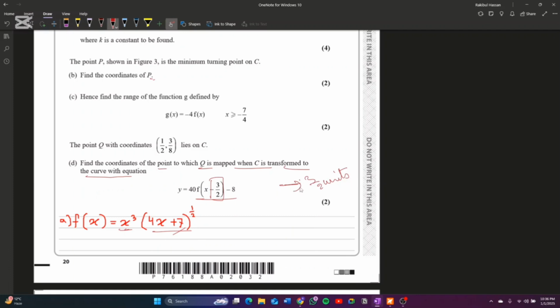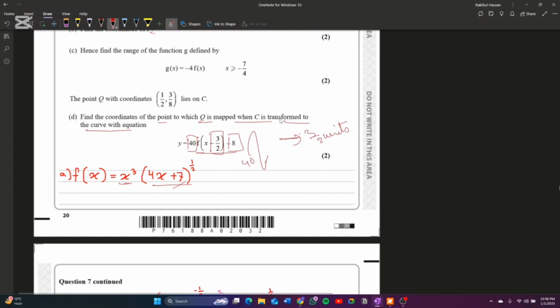It's a translation. And then the y values. Oh, before that, there's a vertical stretch. The graph is stretched vertically by a factor of 40, and then the resulting graph is moved downwards by 8 units. So there are two translations and one stretch.